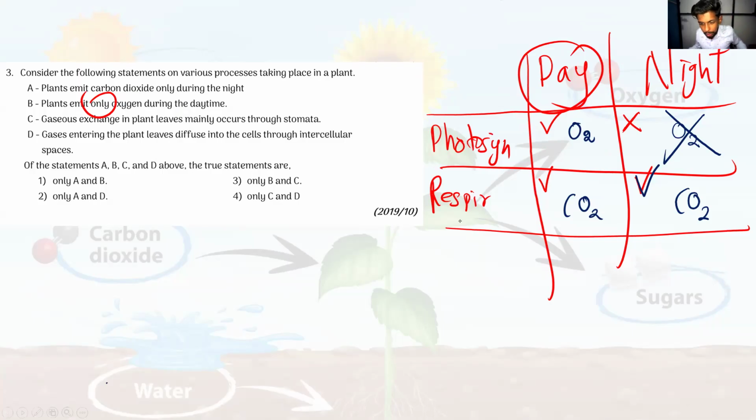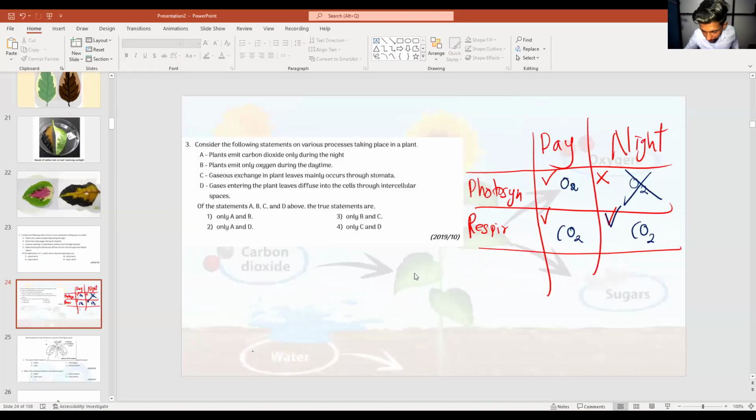Okay. Now we're going to show you the picture for the stomata and the intercellular spaces. Wait for a while.